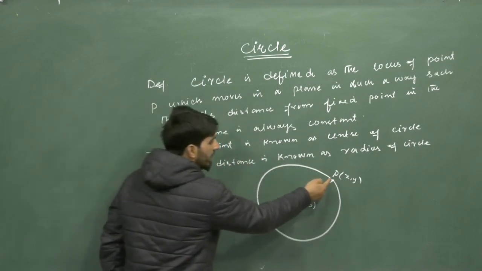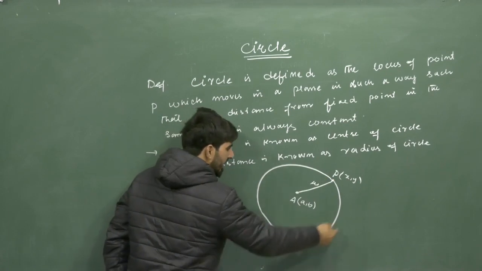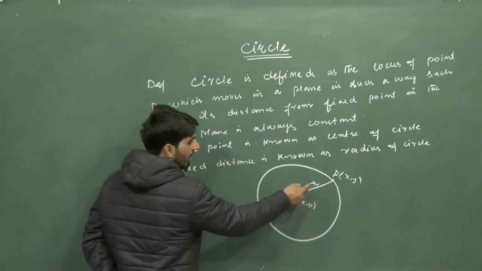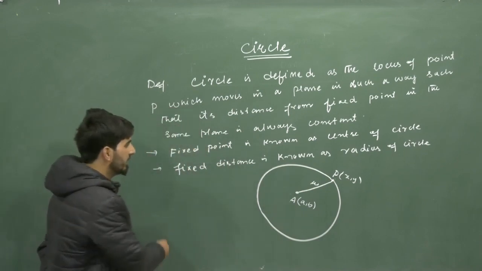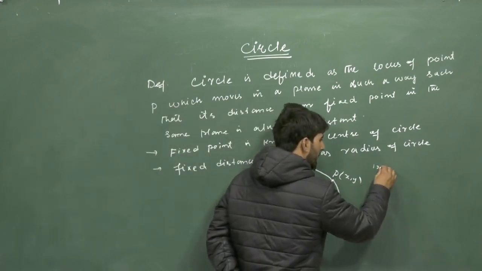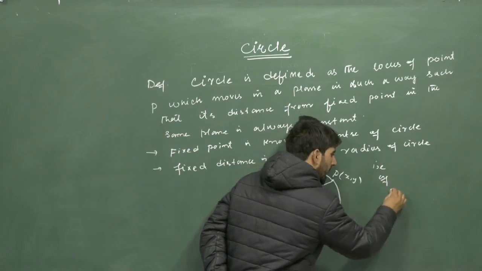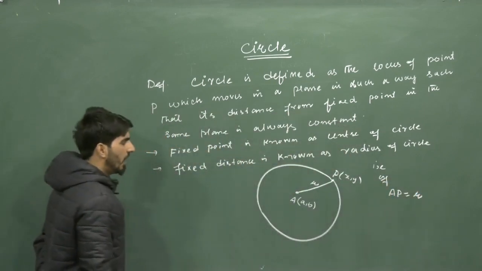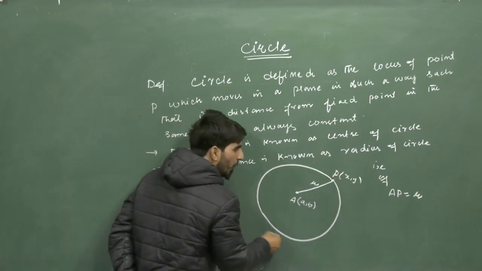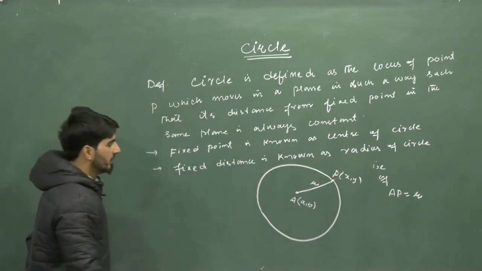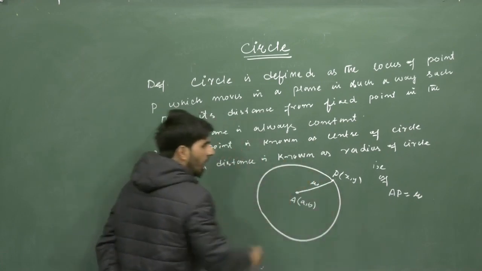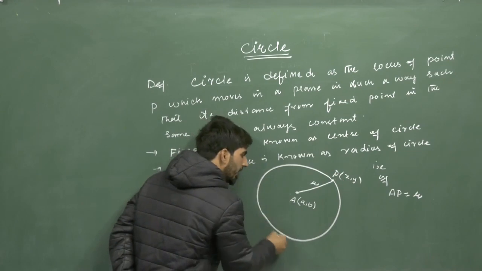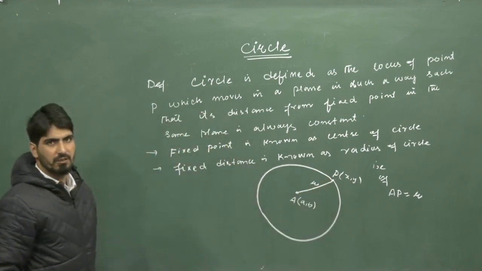If we move P in such a way in the same plane such that its distance from the point A is always constant, that is, if AP is equal to R, then the path traced by the point P is the circle, or in other words we can say the locus of P will be a circle.